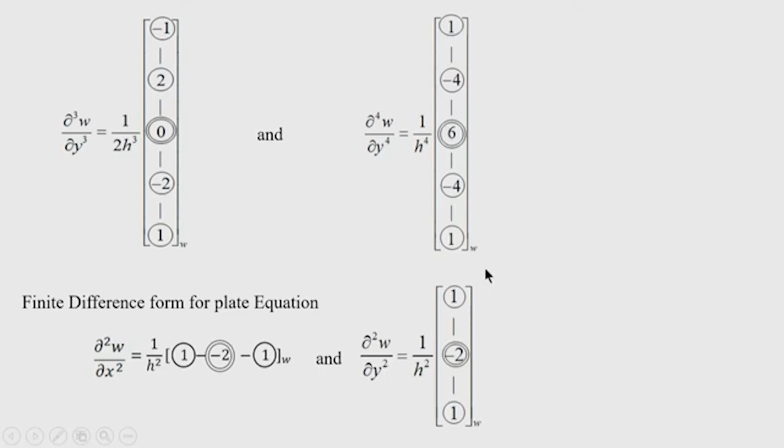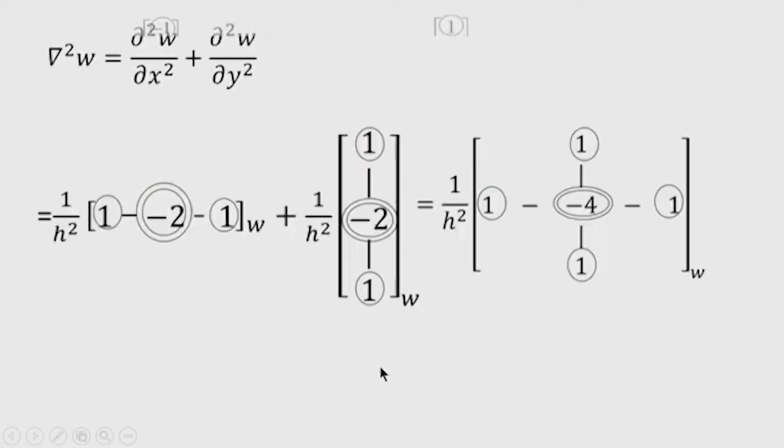Okay. Now, the finite difference form for the plate equation has to be obtained. So, we know the difference quantities, del square w by del x square, del square w by del y square, etcetera. If I express it with the Laplacian operator, del square W is del square W by del x square plus del square W by del y square.